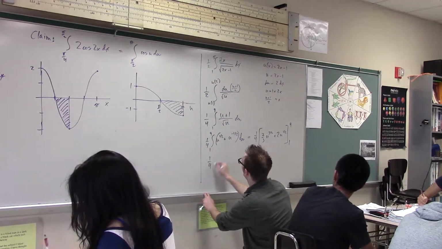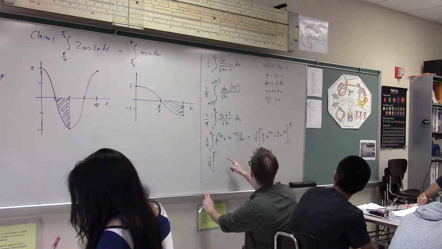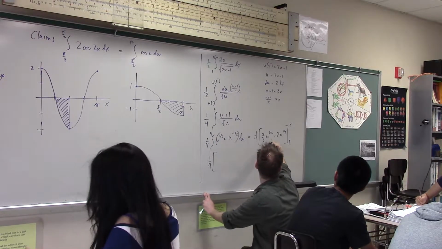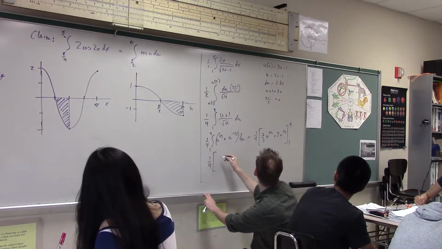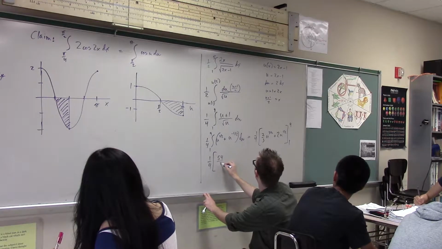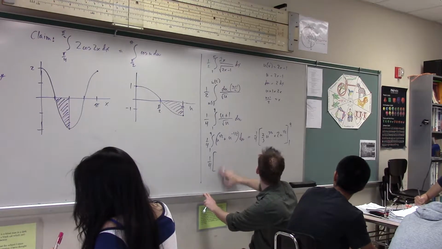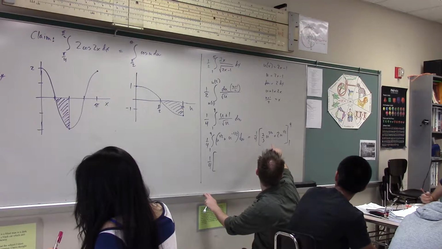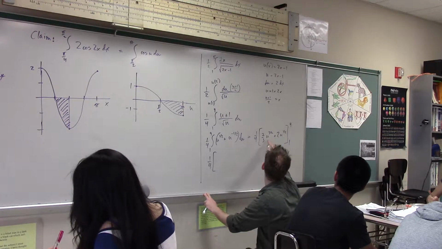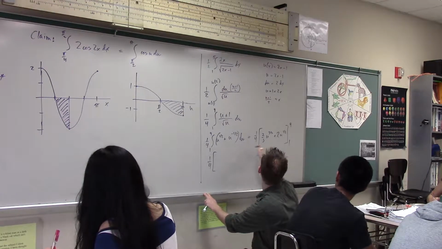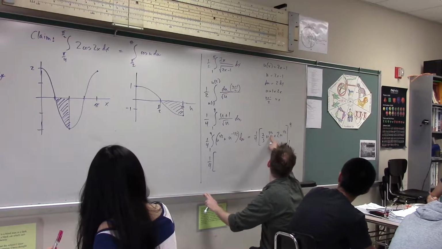It's 1/4 times, that's 27, so that's 54/3. Oh man, did I mess up again? 9. Wait a second. Oh yeah. So that wasn't wrong when I said it was just dumb, right?